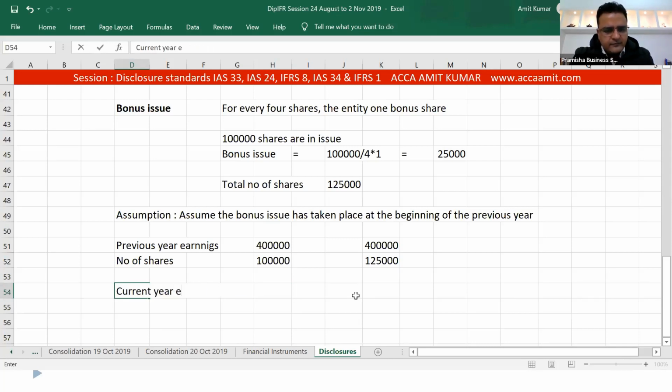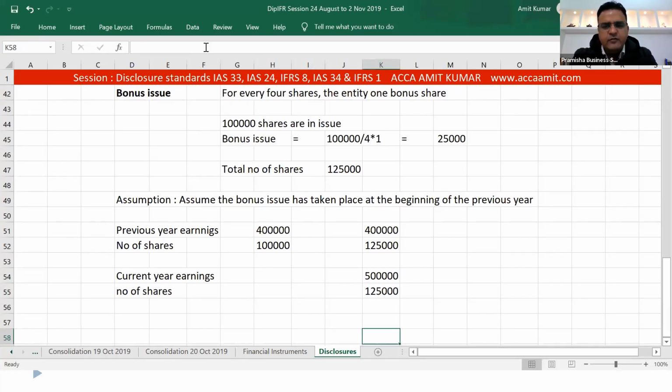Current year earnings may be equivalent to 500,000, and since we are assuming that the bonus issue has taken place at the beginning of the previous year, obviously this year will take 125,000 as the number of shares in the denominator.